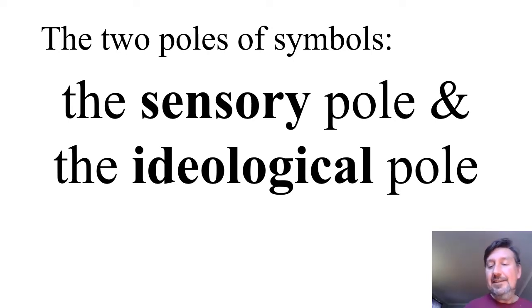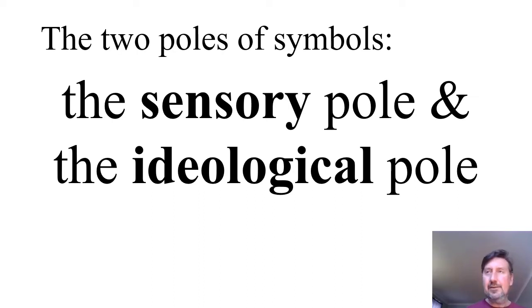So we can see this polarity in, for example, the Christian cross. On the sensory pole, the cross symbolizes, on an emotional level, a connection to the passion of Christ.